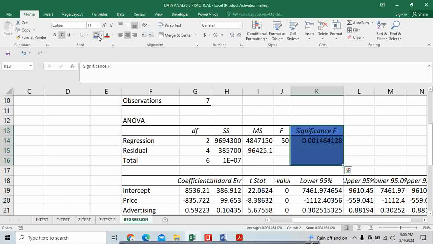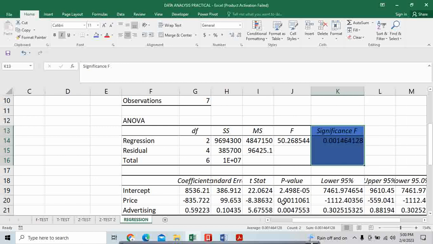Because this one is 100% related to the p-value. And remember, in the theory part, we discussed the p-value, that it is important. And here, this is the p-value that I'm talking about.